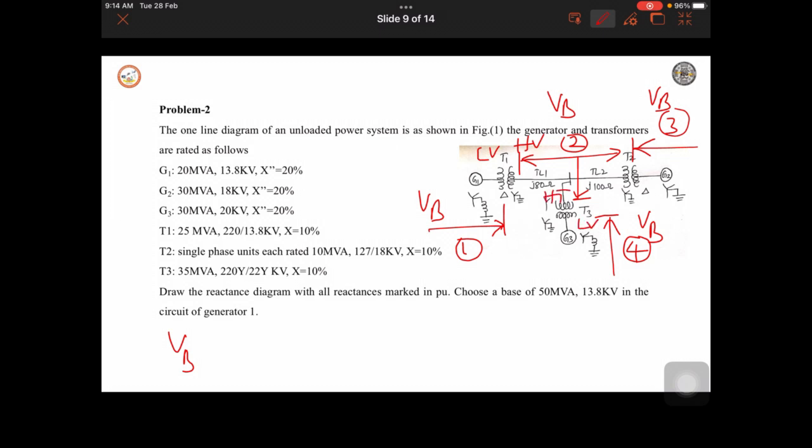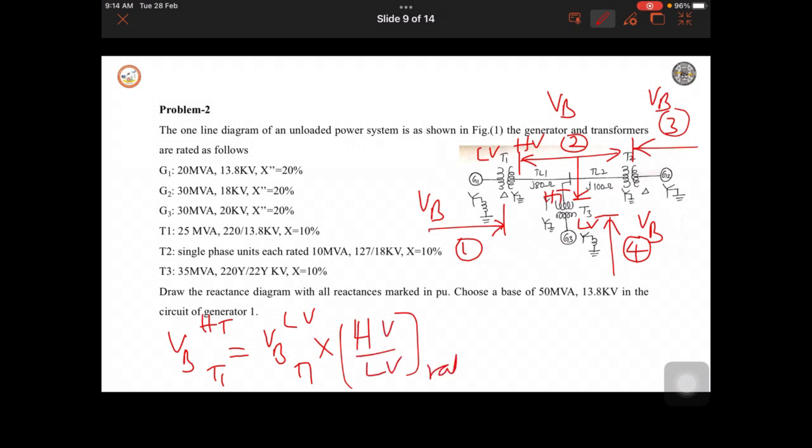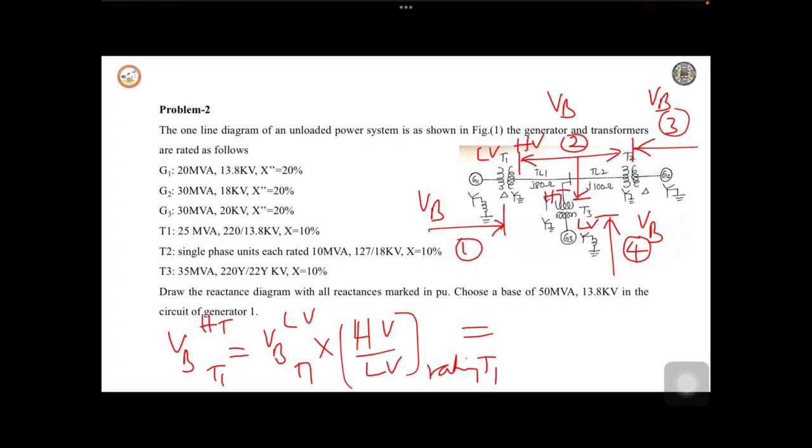Here it is required to find the base voltage on the HT side of transformer 1. That is given by the LV side of transformer 1 that we know, multiplied by the HV divided by LV voltage rating of transformer 1. Same as I discussed previously.